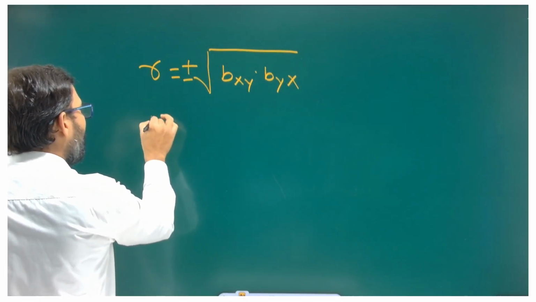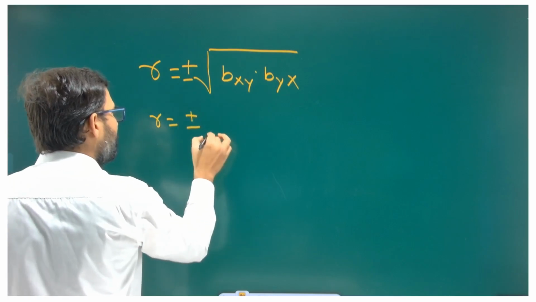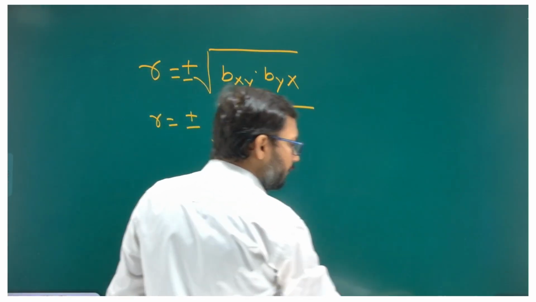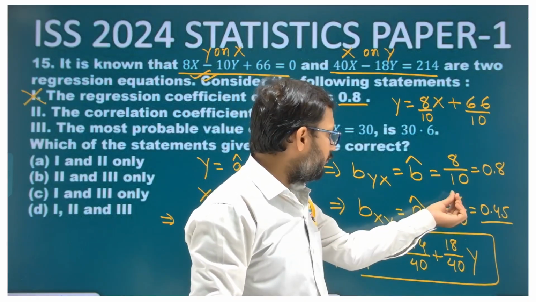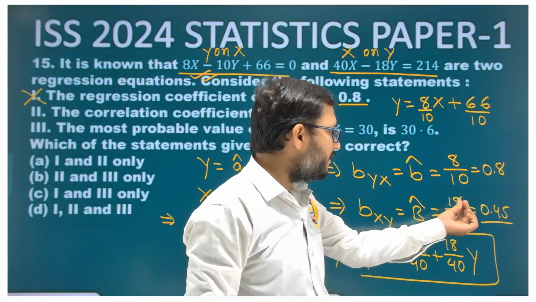Now see here, r will be equal to plus minus the square root of bxy and byx. The value of byx is 8 upon 10 and the value of bxy is 18 upon 40.